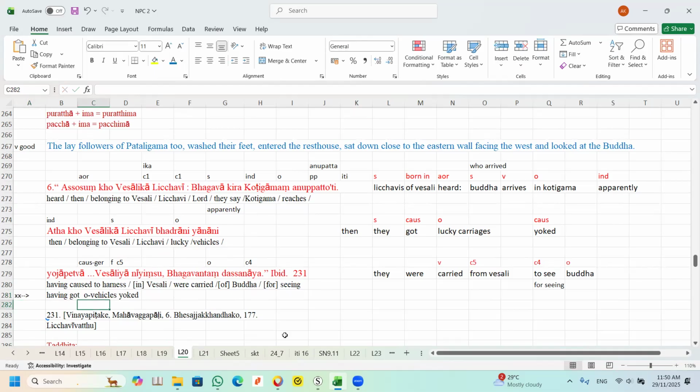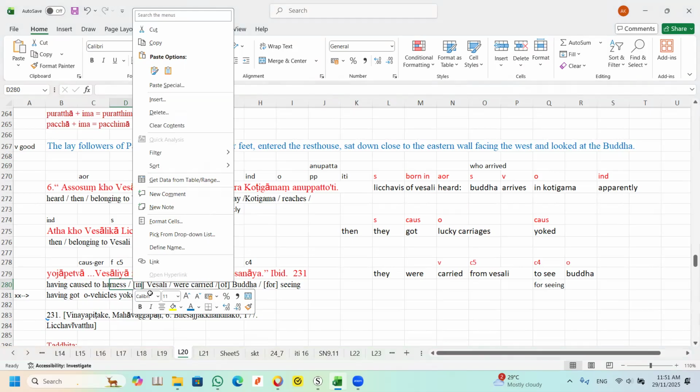Then after that, you take this last word, ni imsu. Ni is to lead, to carry away. This is imsu. Okay, this is passive. Imsu, iya. Can you see the long e? That means you put an iya there.